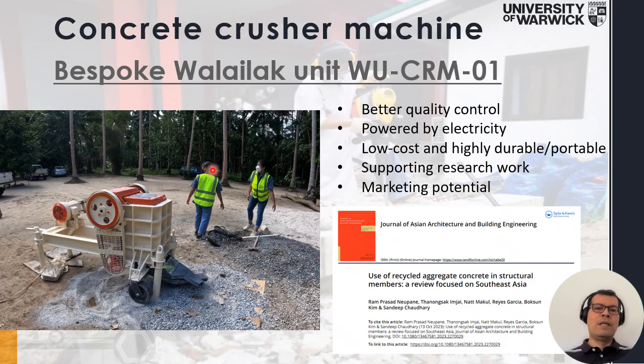So this is the machine, and we basically feed the machine here from the top with concrete cylinders or cubes, whatever it is. And then there are a series of jaws there that crush the concrete. And then at the bottom, we have several sieves that give different sizes of aggregates. So we have this little machine that basically helps us with our research and with the projects we have in Thailand.